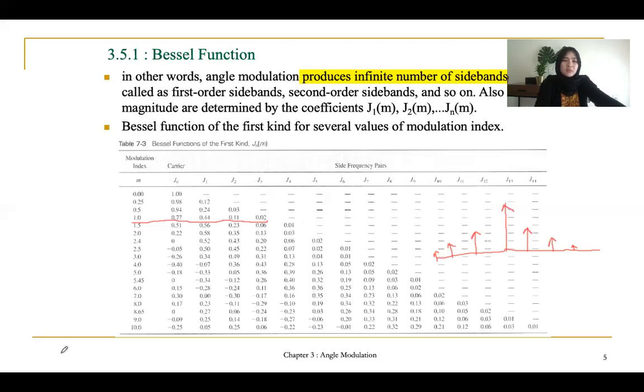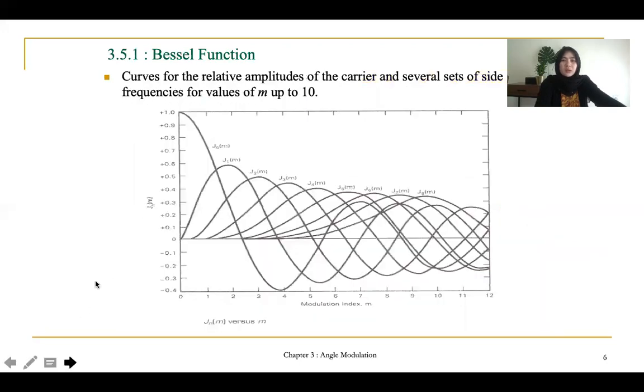So this is the Bessel function. Okay, this one is what we call the Bessel function curves. The function is actually the same as the Bessel function table, but if, for example, in your midterm test you are given this one, not the Bessel table, you can still determine the number of sets of sidebands that exist in the system.